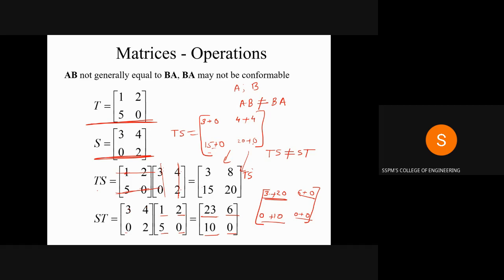In scalar products, if A and B are real numbers, we always get AB equal to BA, but this is not valid for matrices.